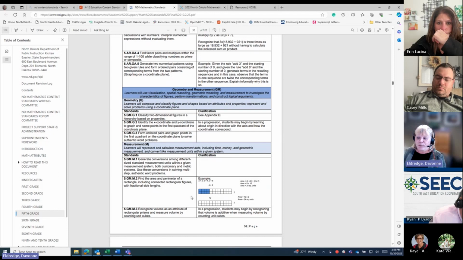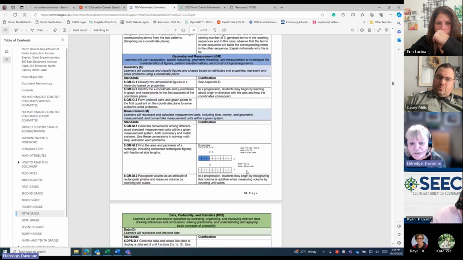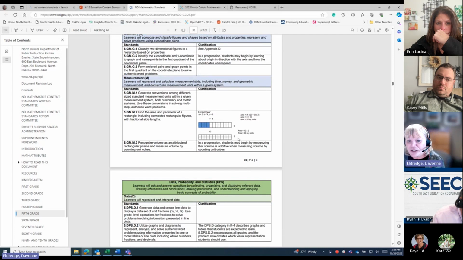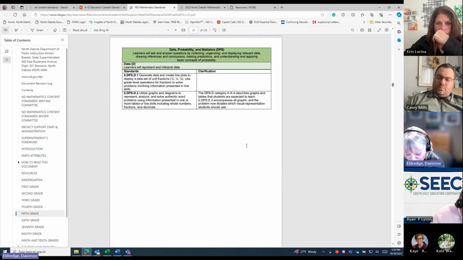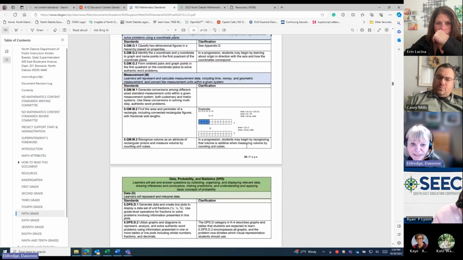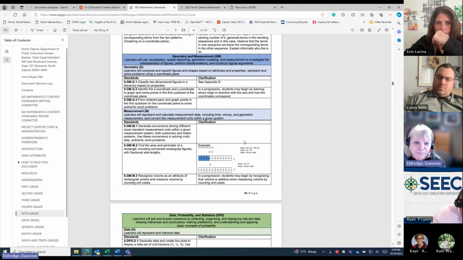They're working with developing that concept first and recognizing volume as an attribute of the prisms and working with those unit cubes before they start moving into the formula, because they didn't have the concepts down well enough to move into using that formula at the 5th grade level. So that was removed and that was added up to the 6th grade level.